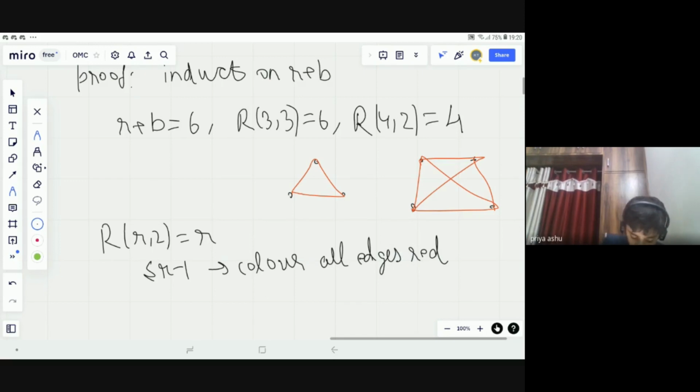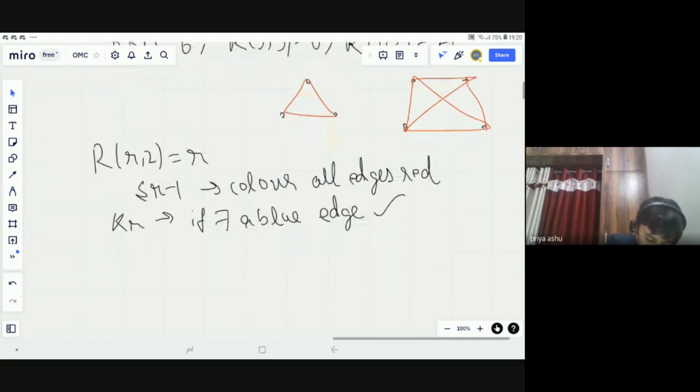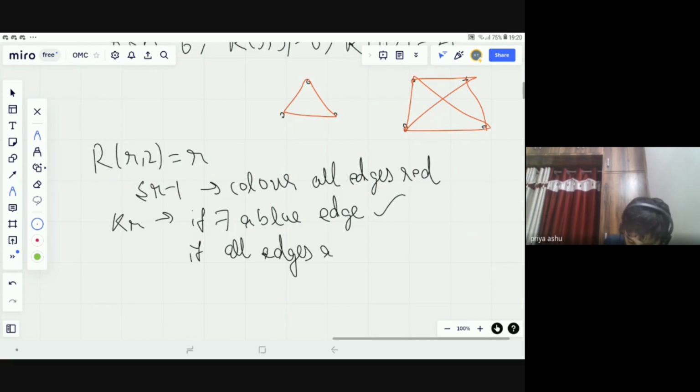And for a Kr, if there exists a blue edge, then we are done. If all edges are red, then again we're done, just because we have a Kr with red edges.